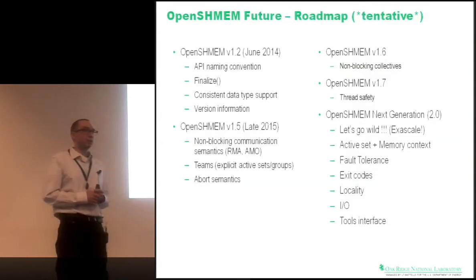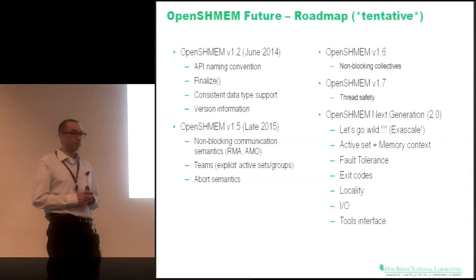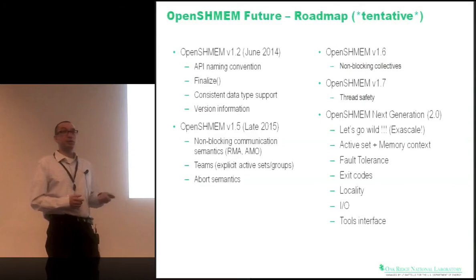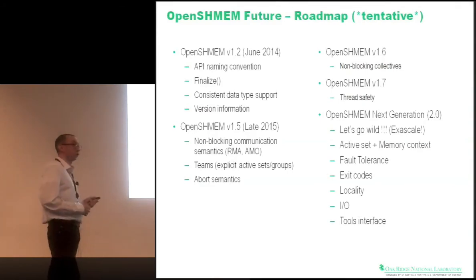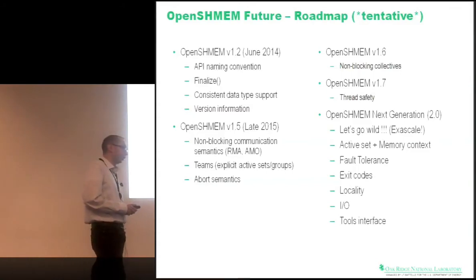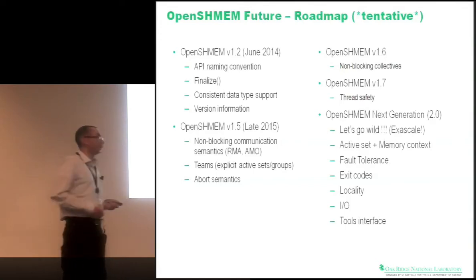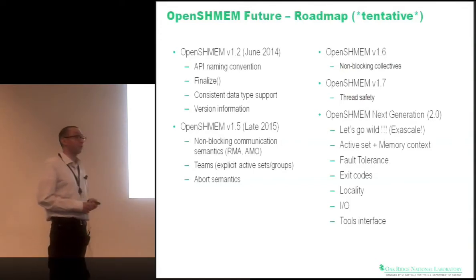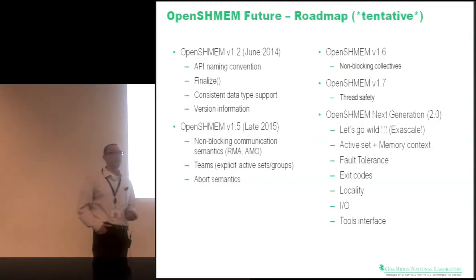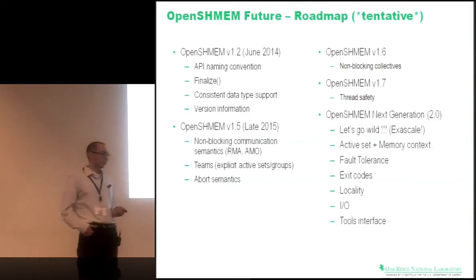Let's talk about the future of OpenSHMEM. Since it didn't change too much from the 90s, now we have a lot of work to do to make sure that we adjust the specification for the new technologies that we have now. So this is a tentative roadmap that we plan to follow, but this is essentially just our to-do list of ideas.